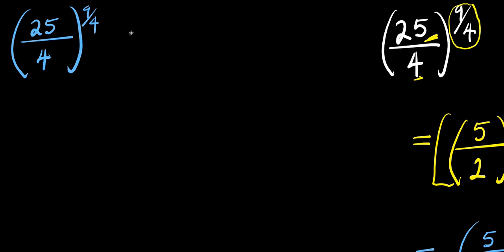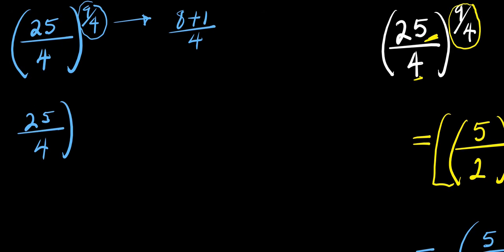So what we are going to do is, let's concentrate on this 9 over 4. I can simply express it as 9 is 8 plus 1 divided by 4. So 9 over 4 is 8 plus 1 divided by 4. So I'm simply going to have 25 divided by 4 raised to the power of 8 plus 1 divided by 4.